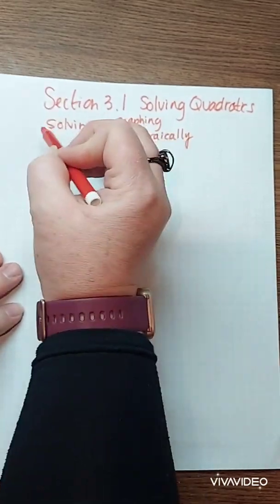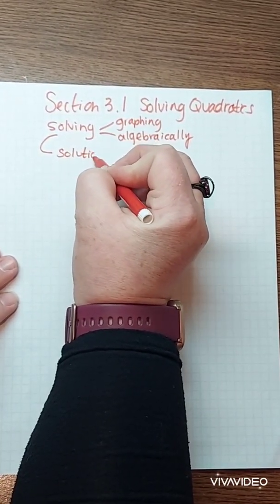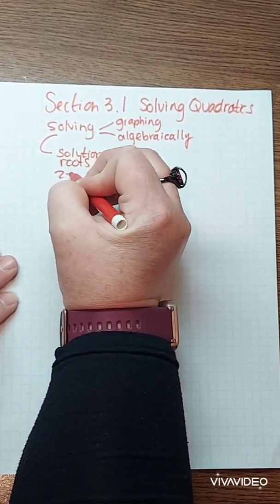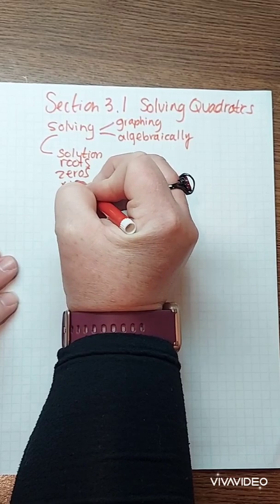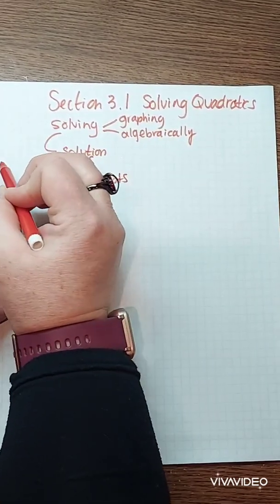And what we're talking about with solving is we're finding the solutions, which is the same word as roots and zeros and x-intercepts. So where the graph crosses the x-axis.